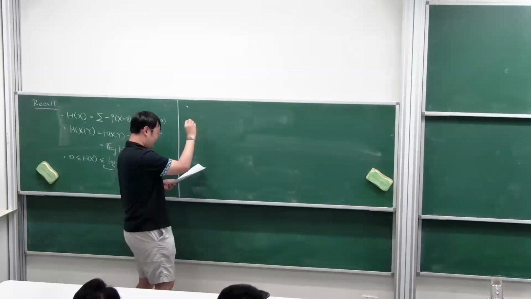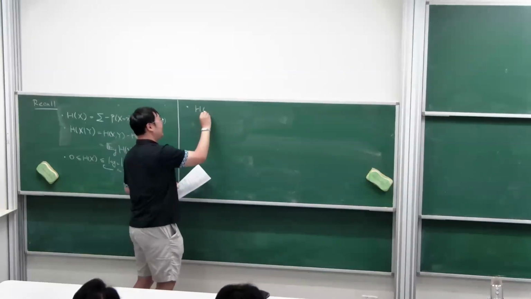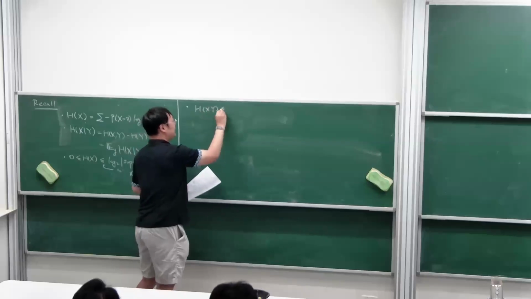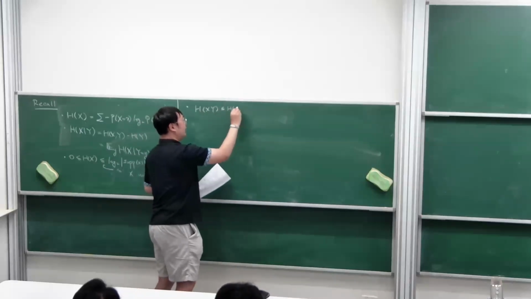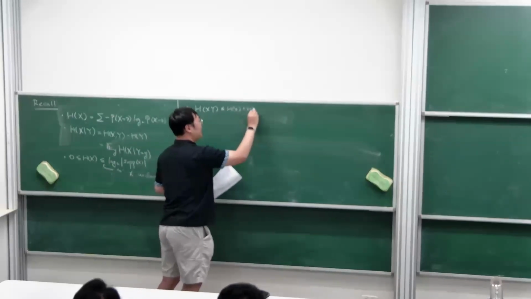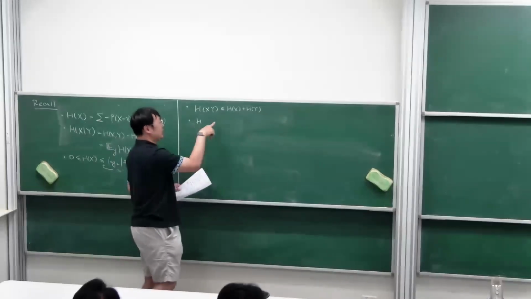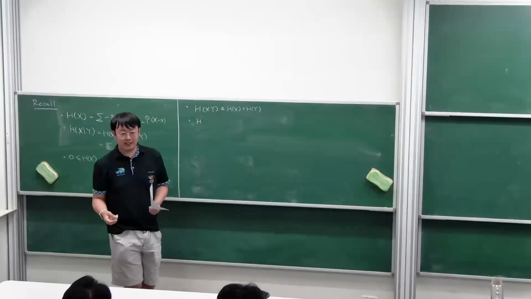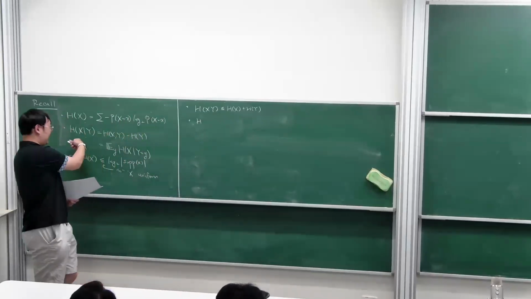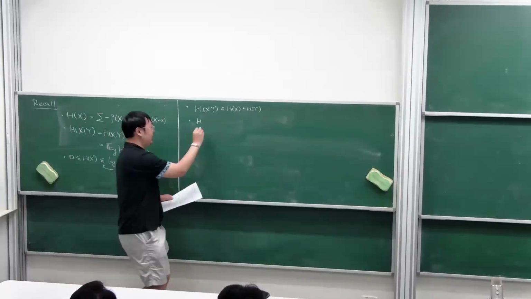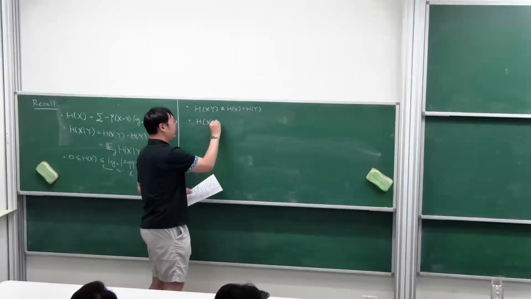So first thing is the subadditivity: H of XY is always less than or equal to H of X plus H of Y. We also talk about dropping conditioning, which is kind of equivalent to the subadditivity. If you recall the definition of the conditional entropy, you can write the previous inequality in this way.